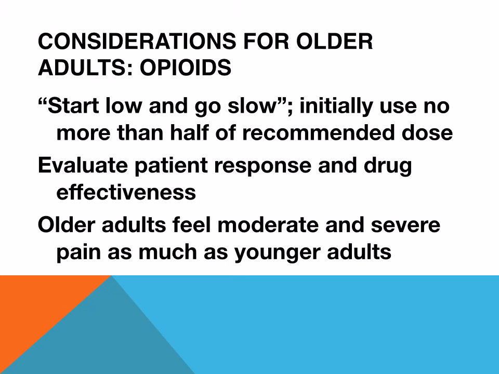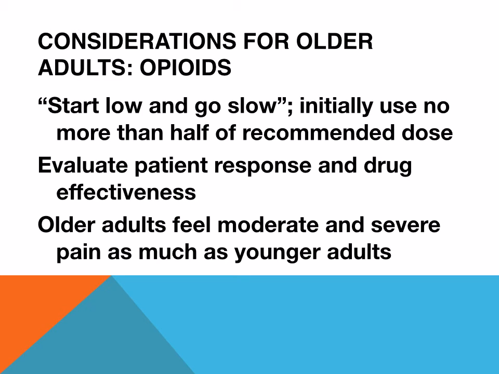Older adults feel moderate and severe pain as much as younger adults, but you have to assess before giving them any opioids. And believe me, if they are naive, new to this pain medication of the opioid class, you will see a lot of nausea, vomiting, a lot of other problems happening.